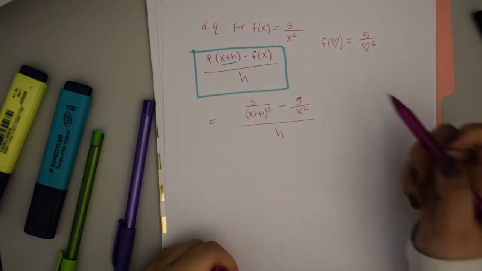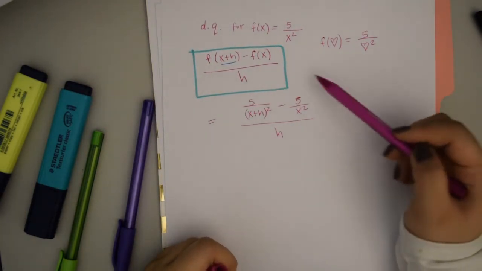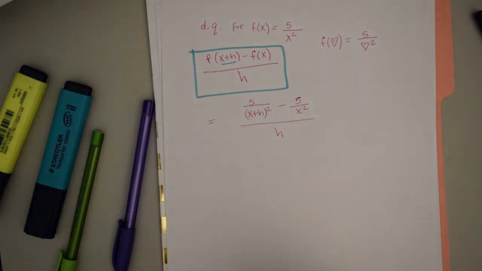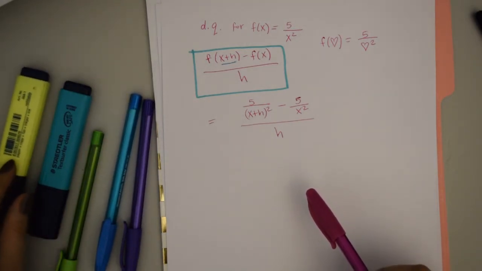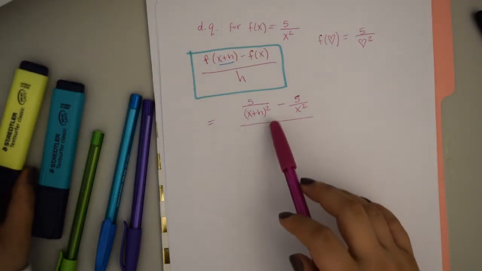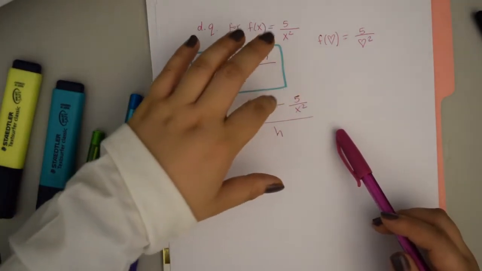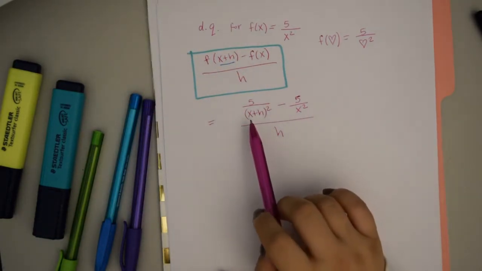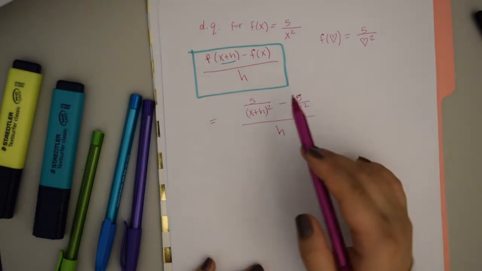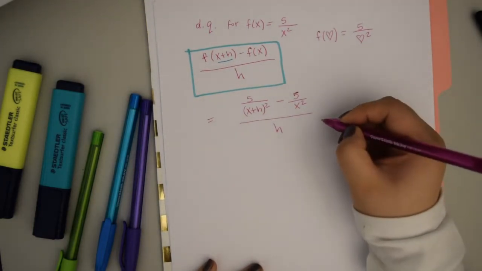So now it becomes this thing. We need to simplify this somehow. Now it's a bunch of algebra. Here we have a fraction divided by something else, so we need to find the common denominator of this top part. That's the only way we can do a fraction minus a fraction.